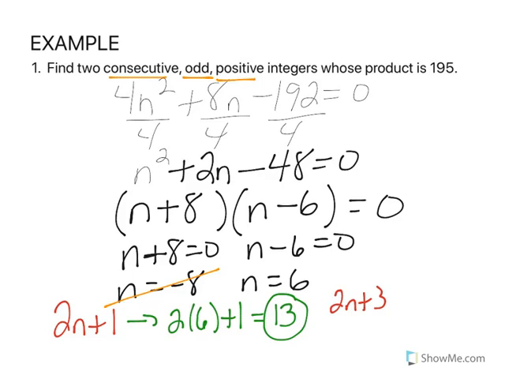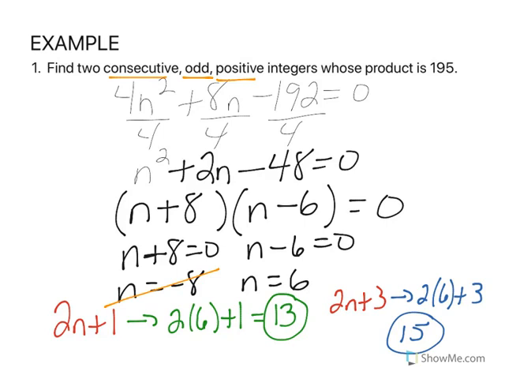I'm going to plug in 6. 2 times 6 plus 3 gives me 15. So those are my two answers. To check it, if I do 13 times 15, it should give me 195, which it actually does. Okay, so that's the first example, which is one of the easier types.